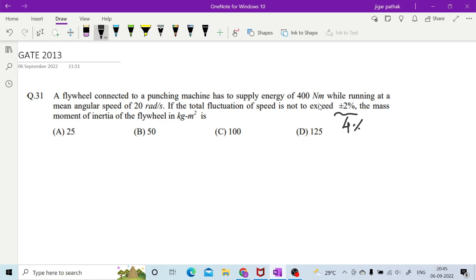So in E is equal to I omega square K, everything is given and you have to calculate I. So it is easy. Can you try?